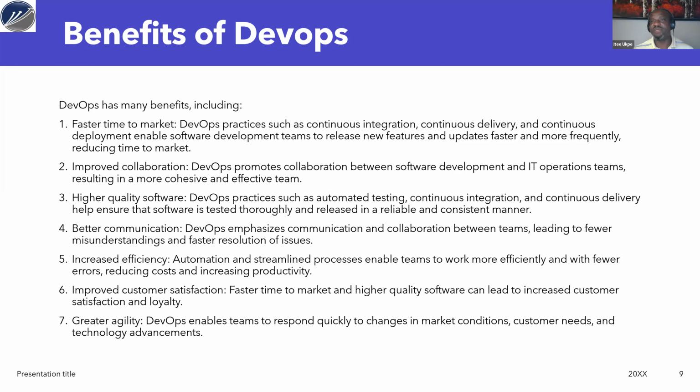Tell them about the benefits of DevOps, the fast time to market, how you can help with your DevOps skills, how you can improve collaboration, how you can create high quality software, how you can improve communication within the DevOps community or your team, how you can actually make that communication happen, and how you improve the efficiency of the software and create greater agility within the team, right? So if they ask you that, prepare this so you can have it.